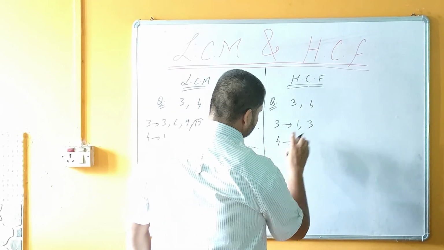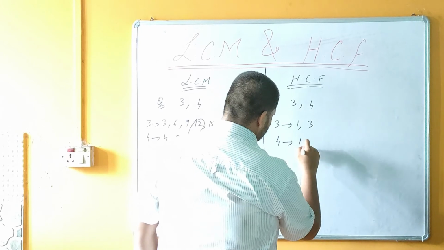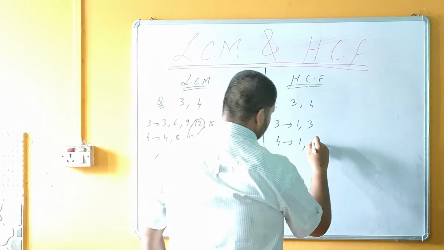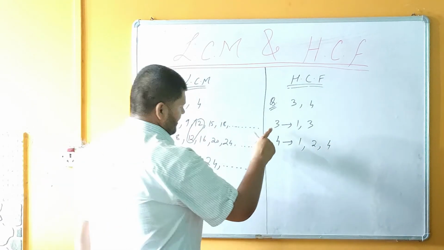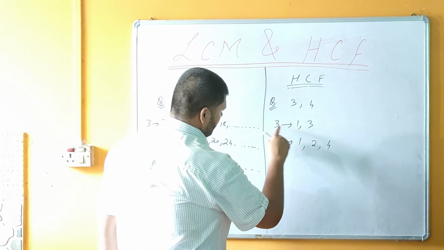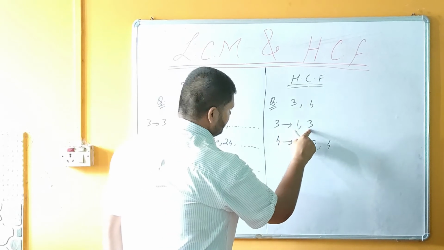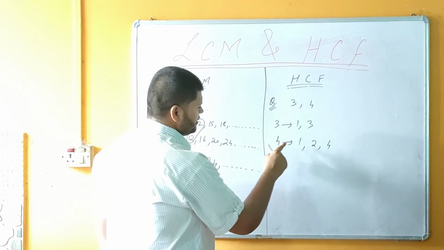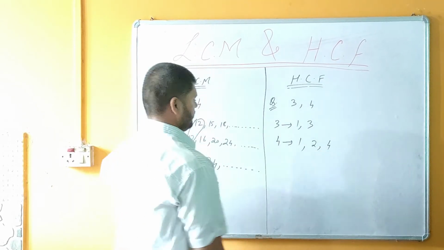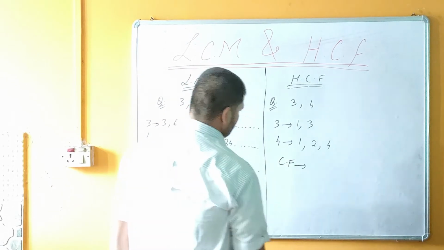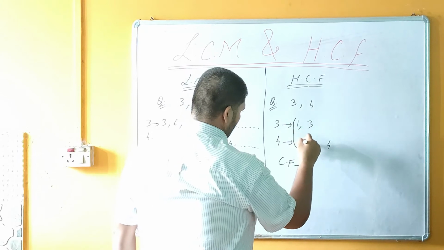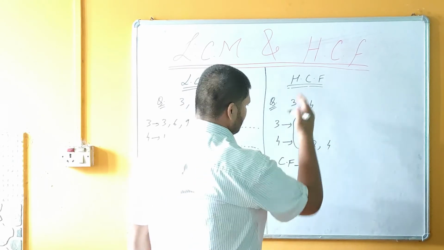4 occurs in the table of 1, in the table of 2, and in the table of 4. So we have found the factors of 3, that is 1 and 3. Factors of 4 are 1, 2 and 4. So the common factor is nothing but 1, and no other factors are common.